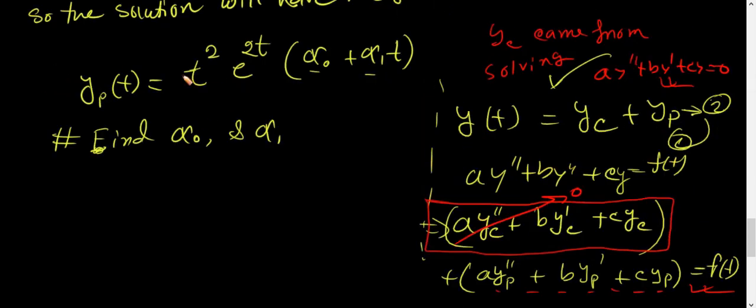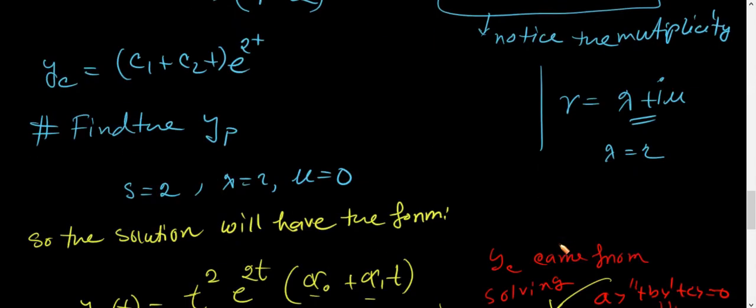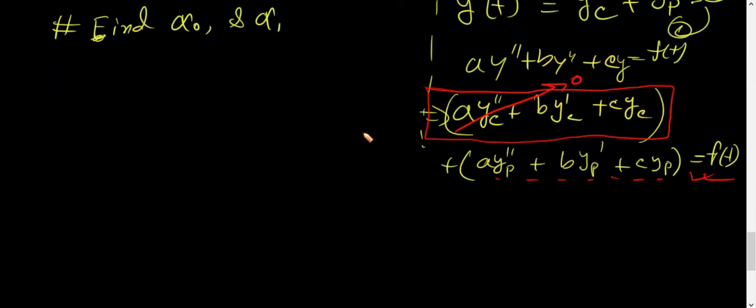So we are going to differentiate this yp 2 times first, and if you recall, our equation had a equals 1, b equals -4, c equals 4. So we are going to use these things. We are going to differentiate yp, and finally we are going to write this whole situation that is emerging over here, and then we'll try to find the coefficients.